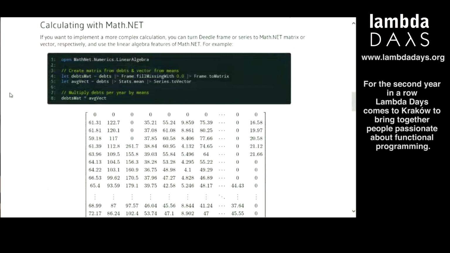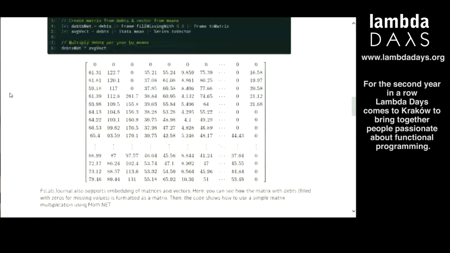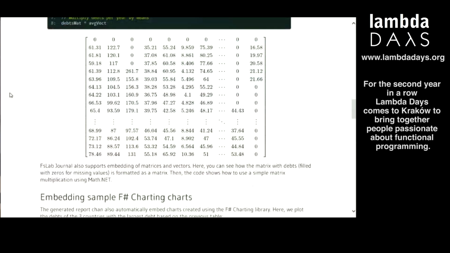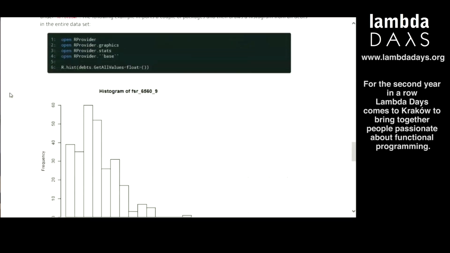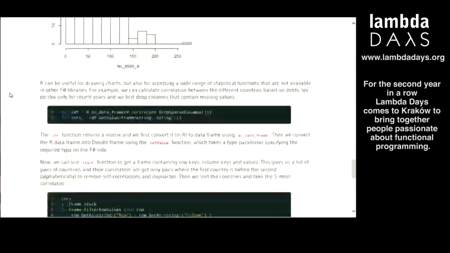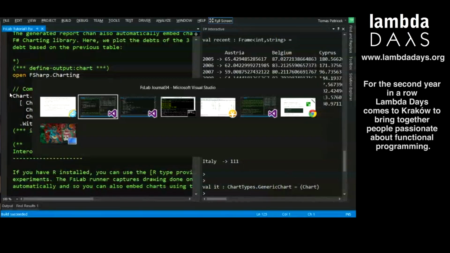So I think here I'm just calculating some correlations, or maybe I'm just doing something random to show how this works. But you get nice formatting for matrices as well, embedded charts. And this is what Evelina was showing earlier. It also integrates with the R type provider, so you can call R from FSharp, and it nicely embeds the outputs. So this is one of the nice uses of the literate programming idea.